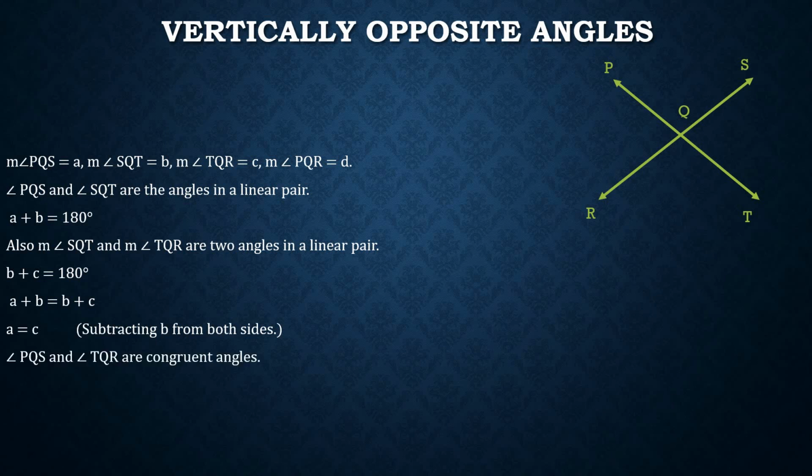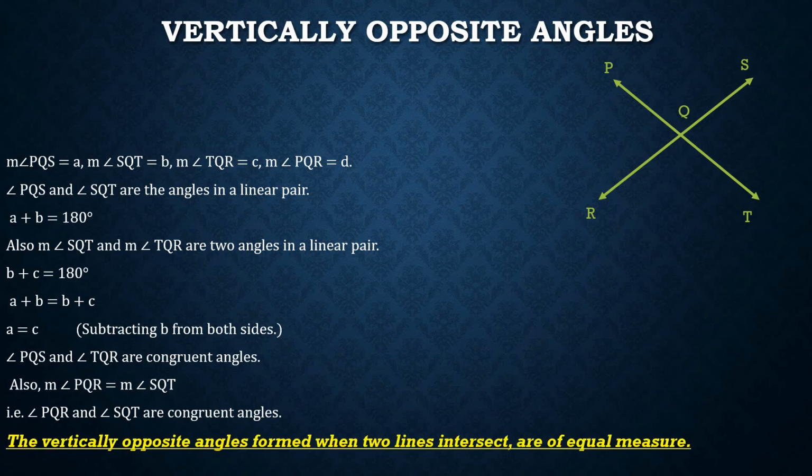Angle PQS and angle TQR are congruent angles. Also, measure of angle PQR is equal to measure of angle SQT. That is, angle PQR and angle SQT are congruent angles. The vertically opposite angles formed when two lines intersect are of equal measure.